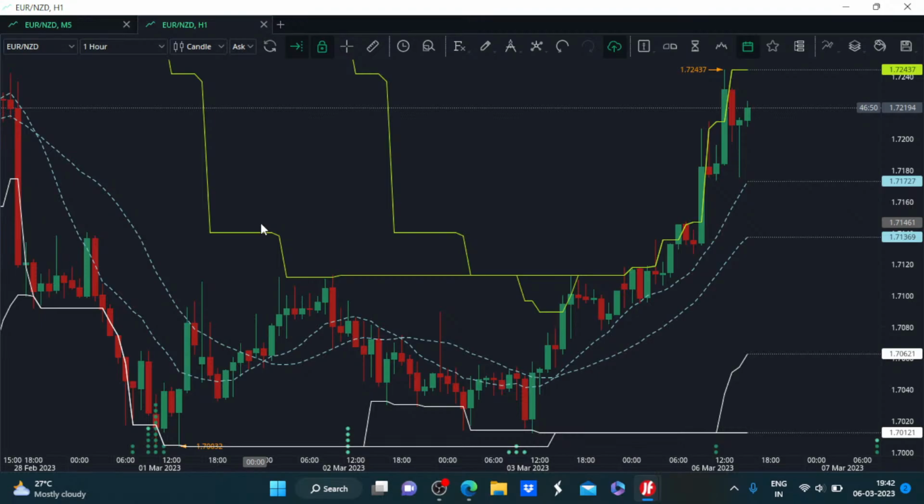Now let's revert back to the dollar currency crosses. We saw the AUDUSD formation. Now consider NZDUSD.